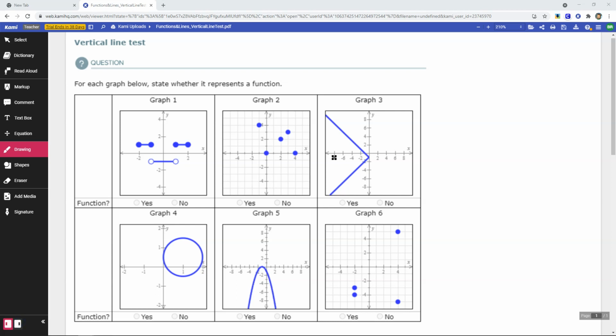We're looking at the vertical line test from the Functions and Lines pie slice in ALEX from Algebra 1.